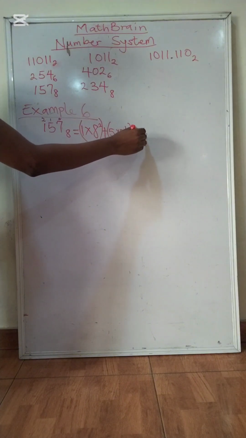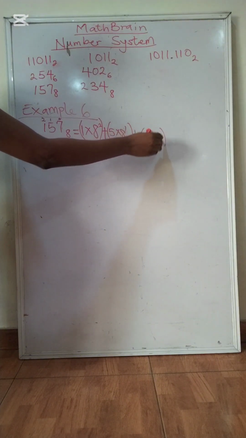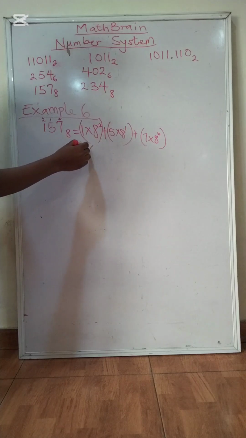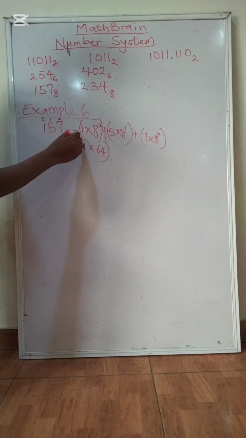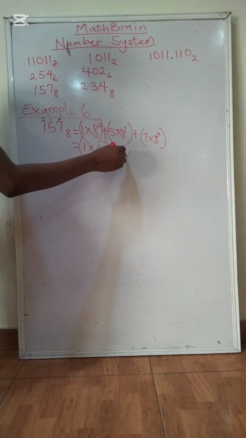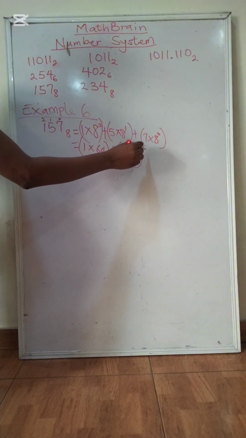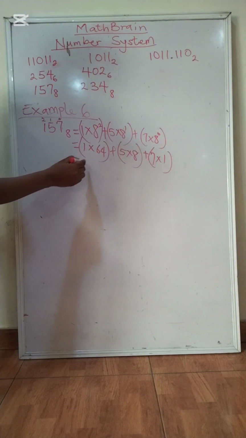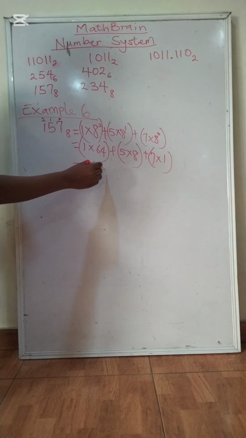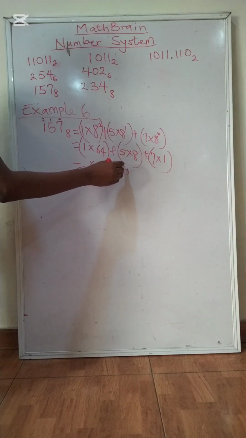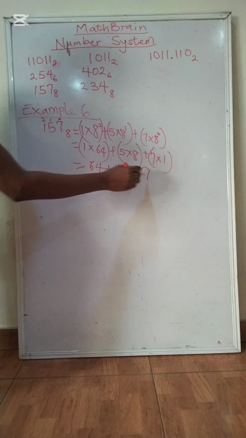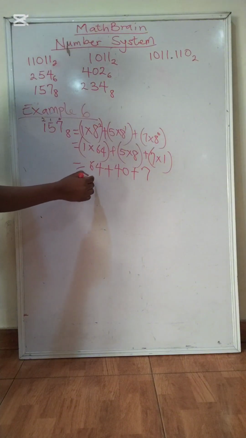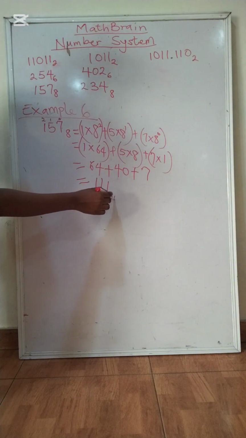Plus 7 times 8 raised to the power 0. And that gives us 1 times 64 plus 5 times 8 plus 7 times 1. And that gives us 64 plus 40 plus 7. And that gives us 111 base 10.